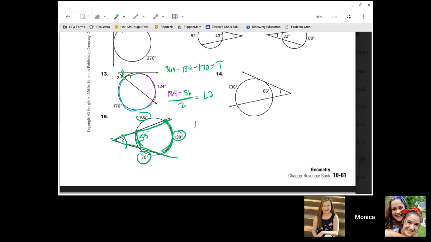So you're going to take 130 minus 55 divided by 2, and that gives you your angle 2. So it should be 37.5. Got it? Okay.